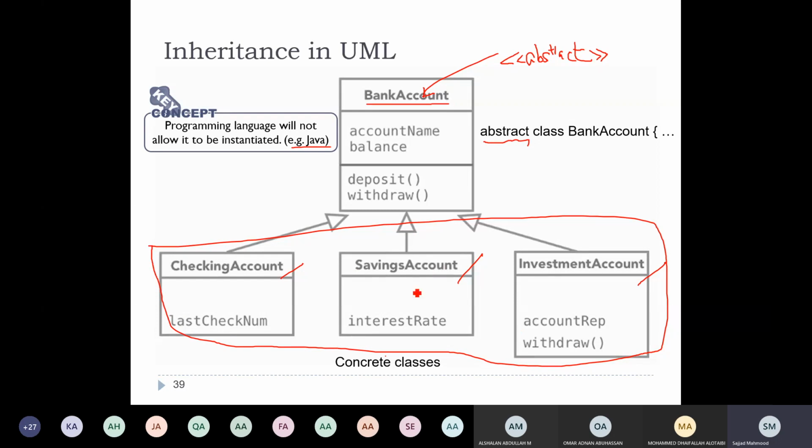So from that perspective, you decide to create a parent class and make it abstract. And the moment you make it abstract, you are telling the programmer that you cannot create an object of it.